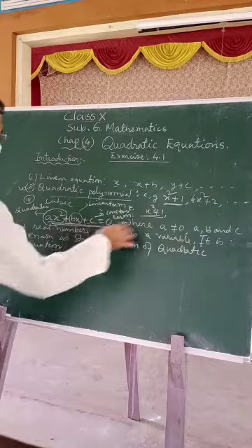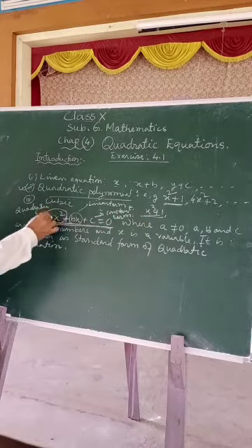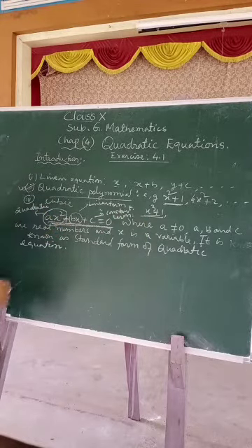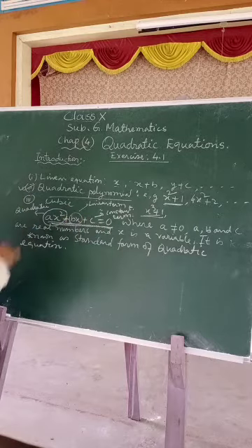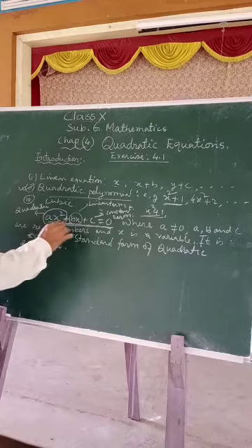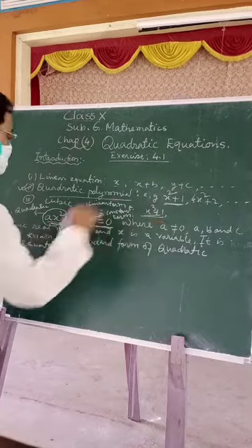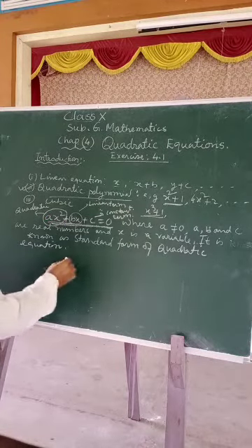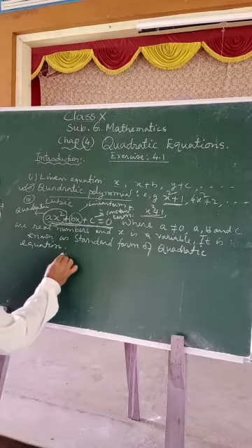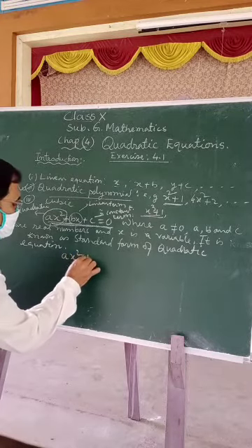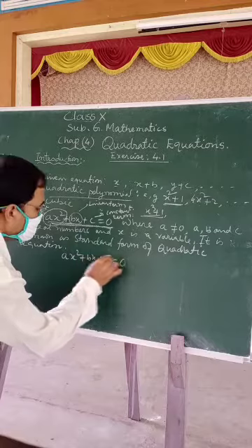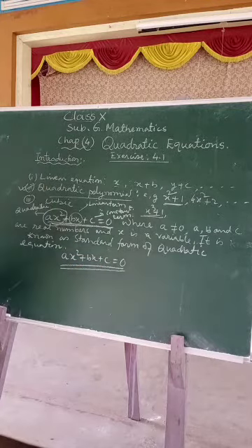If a becomes 0, then the quadratic term becomes 0 and bx plus c is a linear equation. Therefore a cannot be 0.